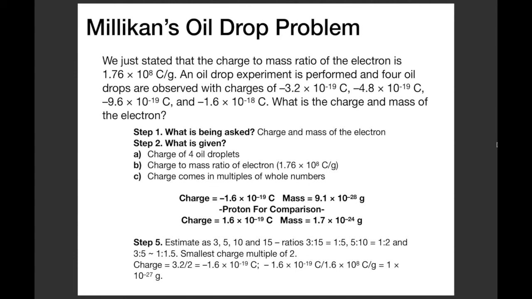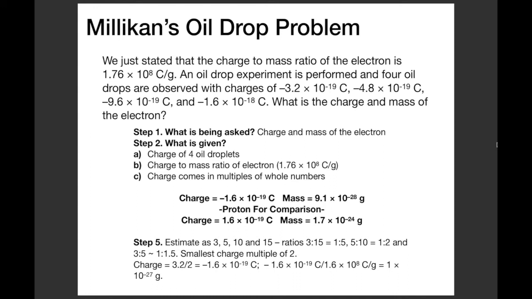If we multiply by 2, we get rid of the 1.5, and we now have an integer value. This suggests that the smallest unit charge is the 3.2 divided by 2. So if we take the minus 3.2 times 10 to the minus 19, divide it by 2, we get negative 1.6 times 10 to the minus 19 coulombs.